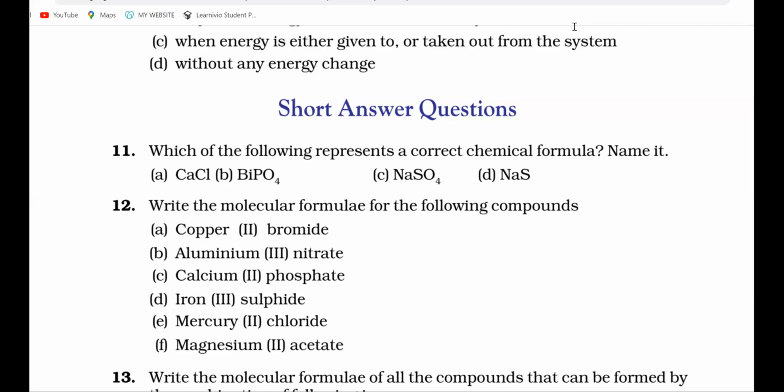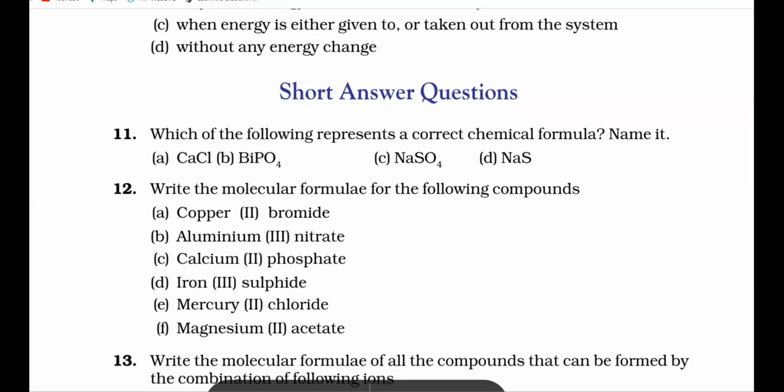I don't know about the others, but I have seen A. Sir, is it C? I have seen C as well. Okay, let me do this one in the copy.